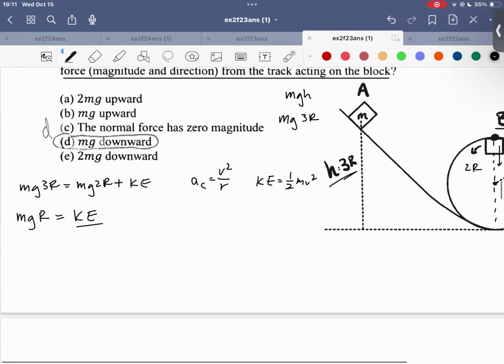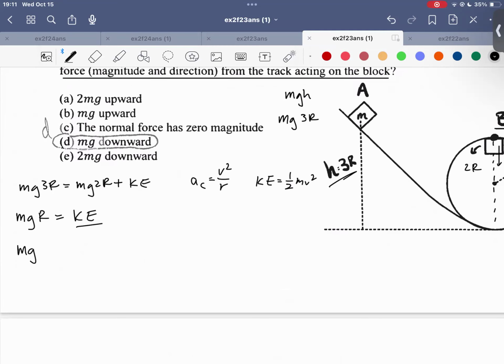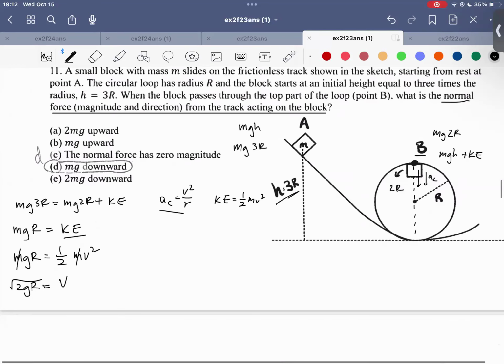So I said this when I solved it earlier. I said 1/2 v squared, and the square root of 2gR is equal to velocity. And so this velocity here is going to give us this over here.